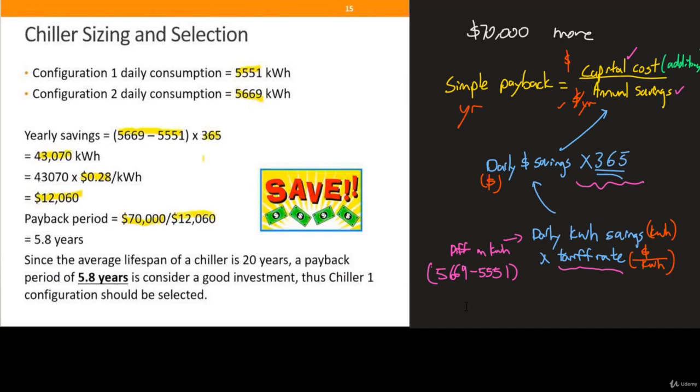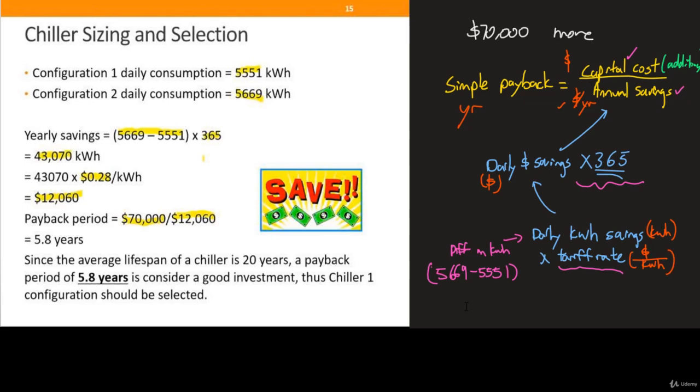You are going to get back all your money in 5.8 years. For this kind of question that asks for simple payback, please leave your answer in decimal, 1 decimal place, 5.8 years or 3.4 years. You don't have to calculate the number of months and things like that. Just leave it in 5.8 years, that is good enough.